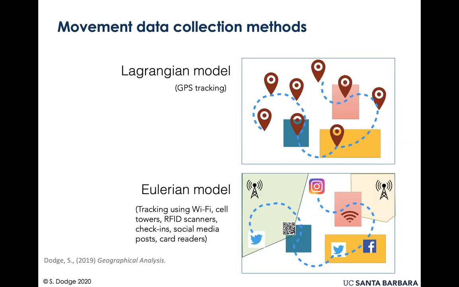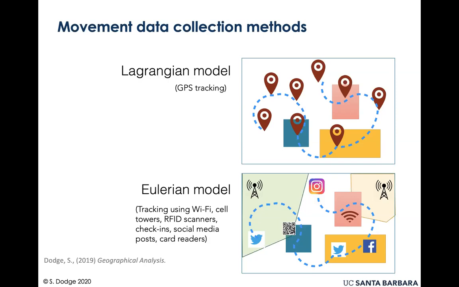The other approach would be the Eulerian approach, where we capture the absence and presence of movement over time. So as entities interact with a set of stations, either Wi-Fi stands or QR scanners, or if you post on Facebook or Twitter, your location is recorded over time, and then we know how many people interacted with or passed by these stations.